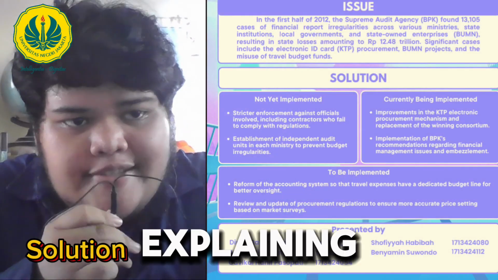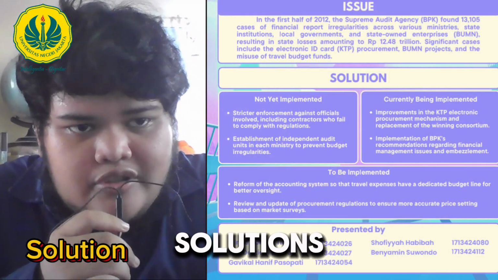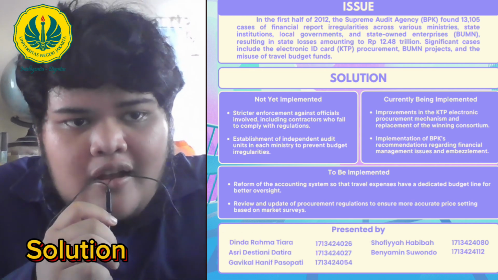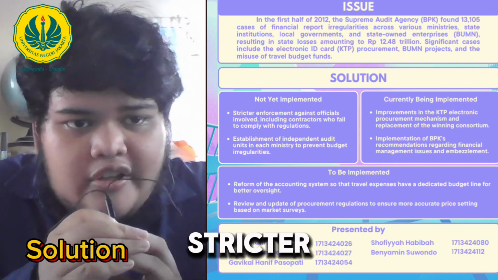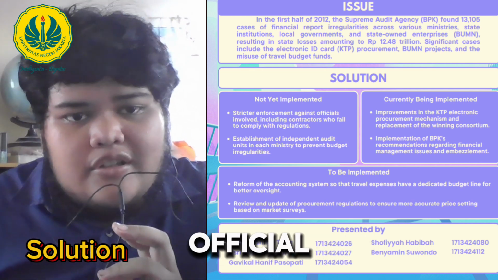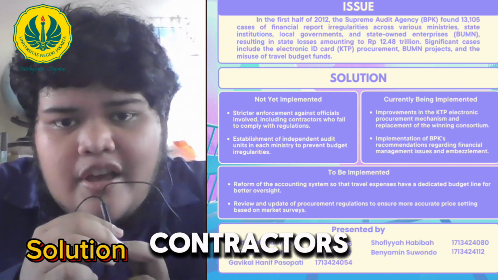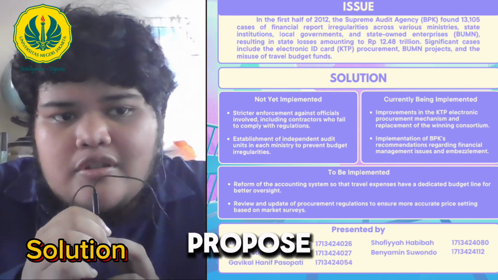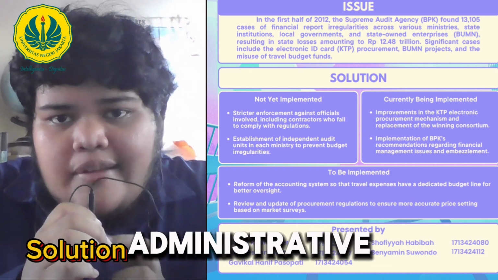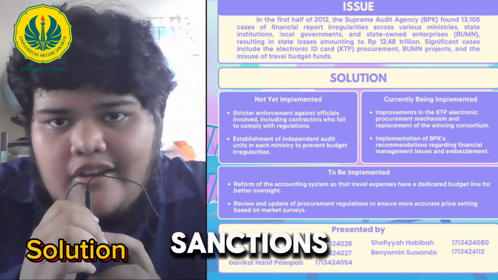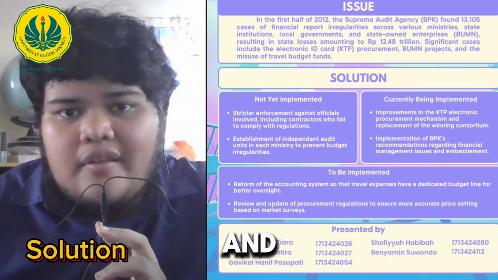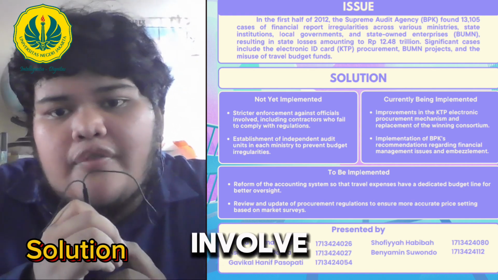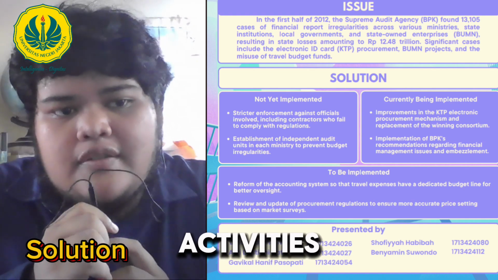Now I will be explaining the solutions to the issue. First, not yet implemented, which is number 1: stricter enforcement against officials involved, including contractors who fail to comply with regulations. This proposes legal actions, administrative sanctions, and penalties for officials and contractors involved in fraudulent activities.